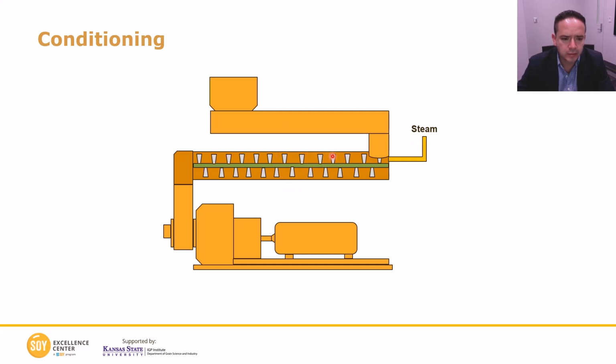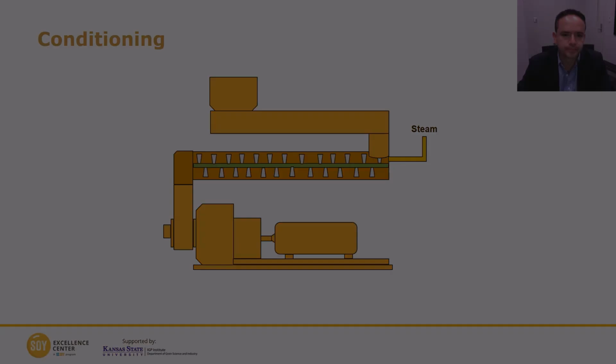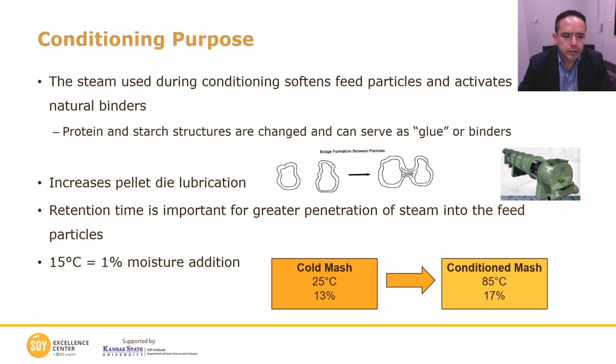As you can see here, as the feed leaves the feeder, it falls by gravity into the conditioner, and then you have some steam addition in the back. The purpose of conditioning is to soften feed particles and also to activate natural binders.